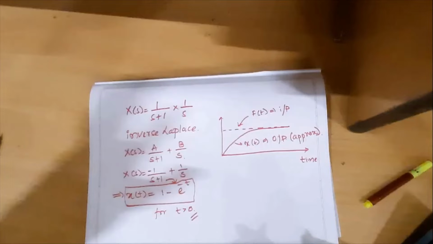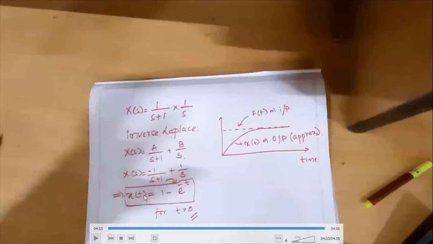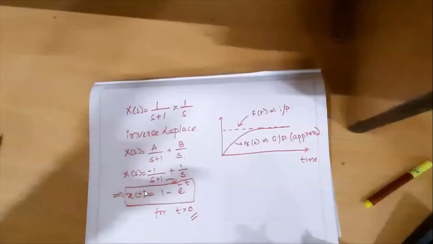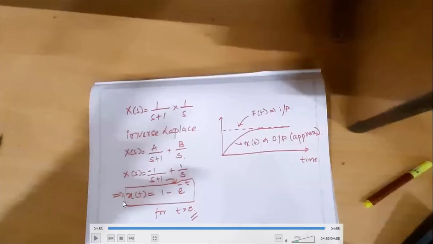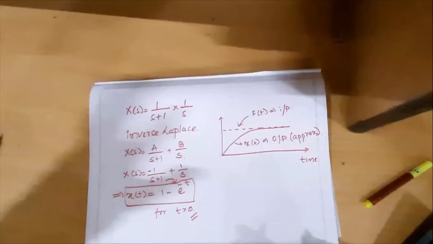My question is, can we obtain the expression for x of t, not exactly like this, but some expression of x of t, using the Fourier transform? Can we obtain the expression for output for this particular system using the Fourier transform?